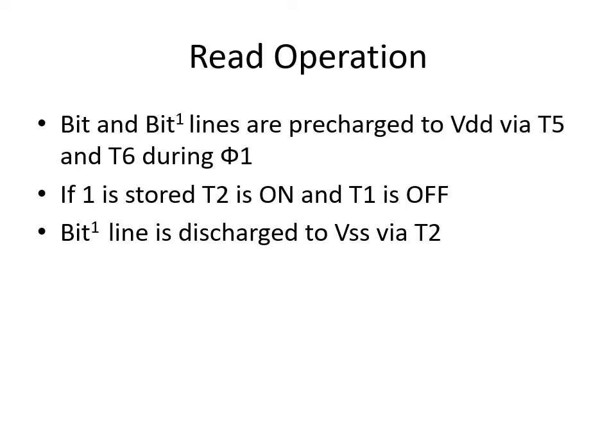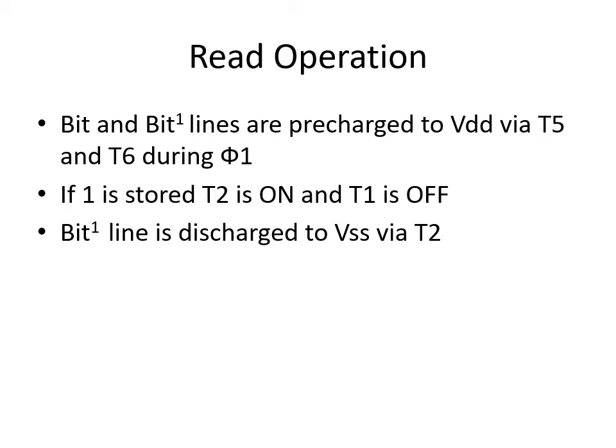For the read operation also, pre-charging takes place beforehand, that is through transistors T5 and T6. The two bus lines, bit and bit bar, both are pre-charged to logic 1. Okay, then the row select line as well as the column select line is made 1. Okay. So here we can see that T1 and T2 store complementary bits.